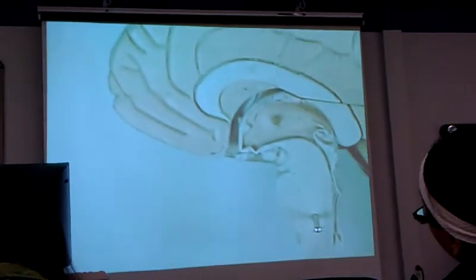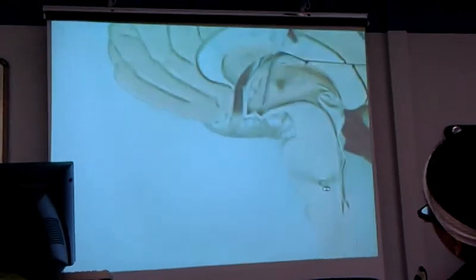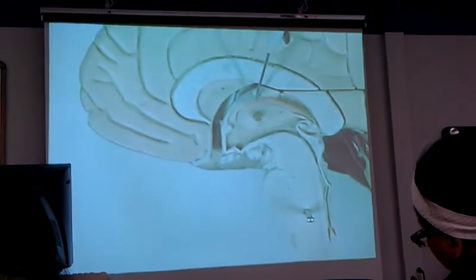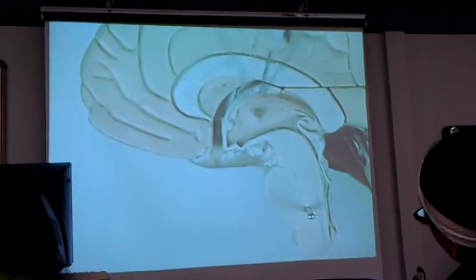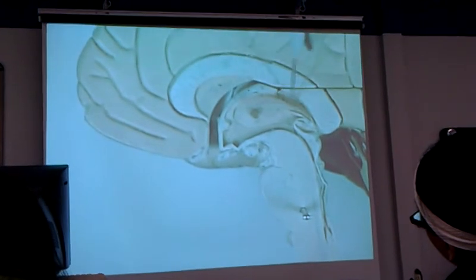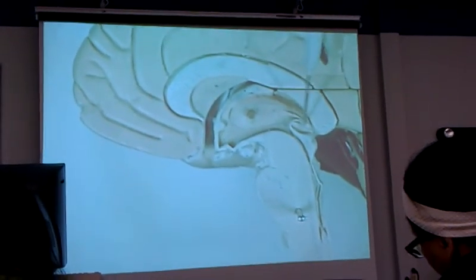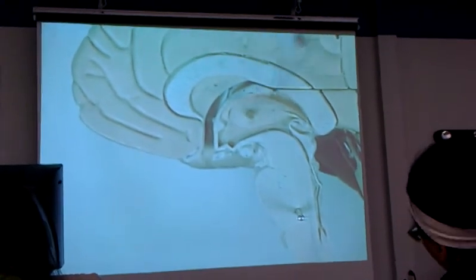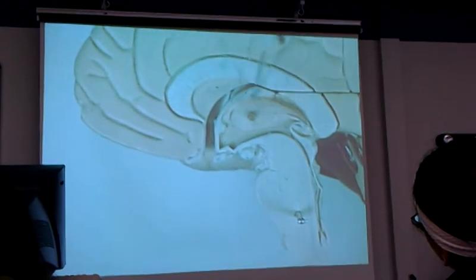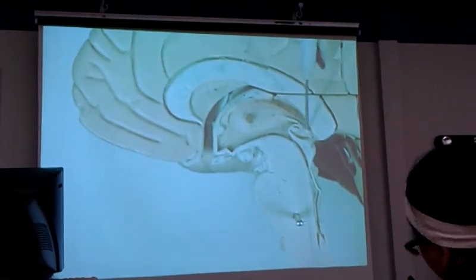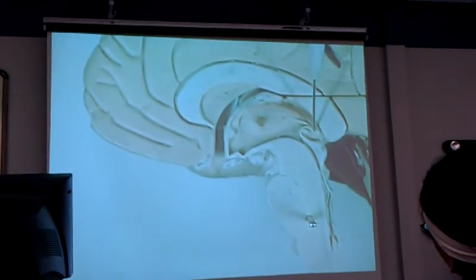Okay, back to here. The space around the thalamus is the third ventricle, and when you look up close, you're going to see that they colored the top area pink. That's the choroid plexus of the third ventricle. And again, the little mass at the end, that's the pineal gland. So the space is the third ventricle, the pink is the choroid plexus of the third ventricle, and the little blob or mass at the end is always the pineal gland.